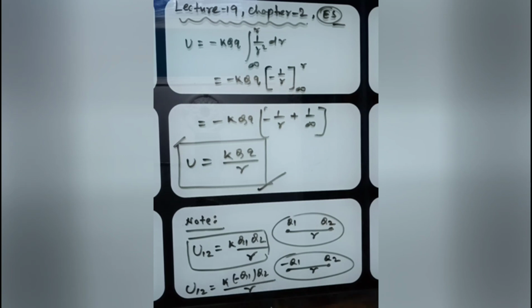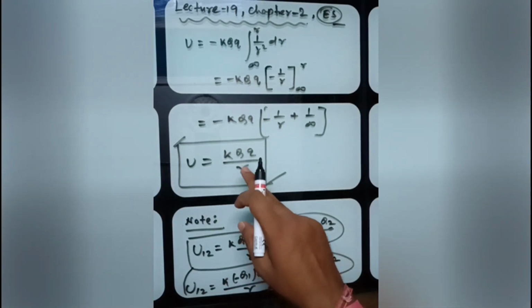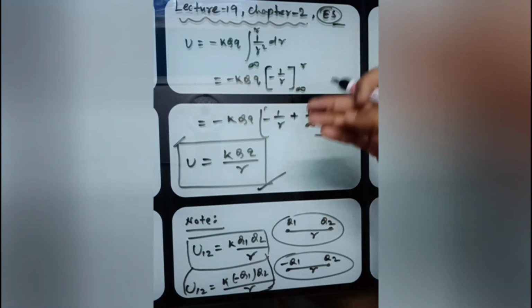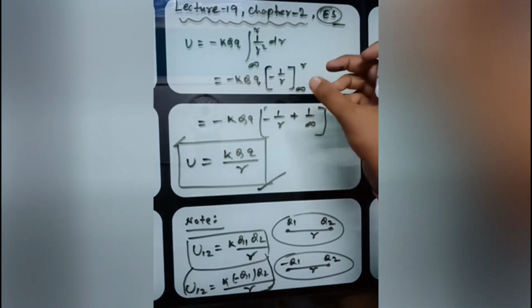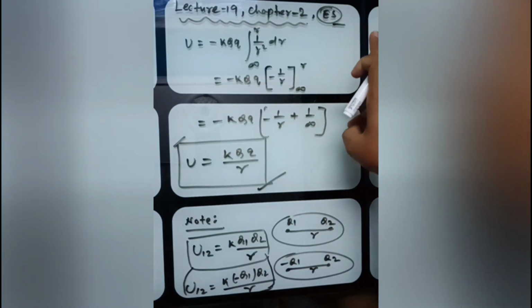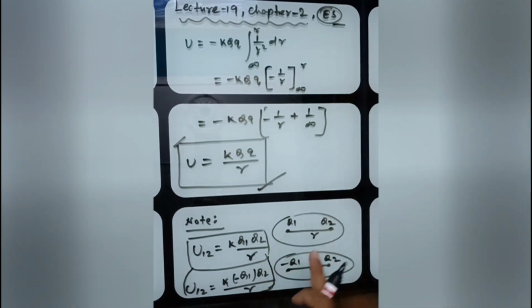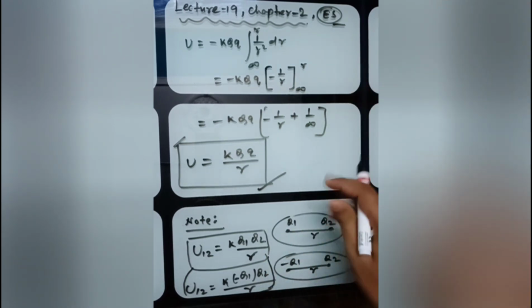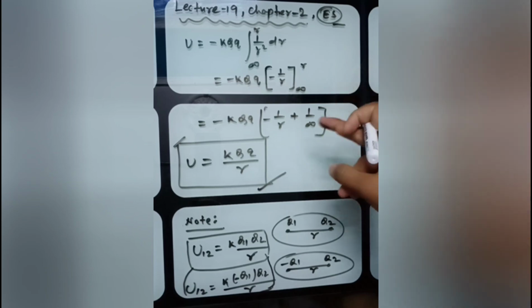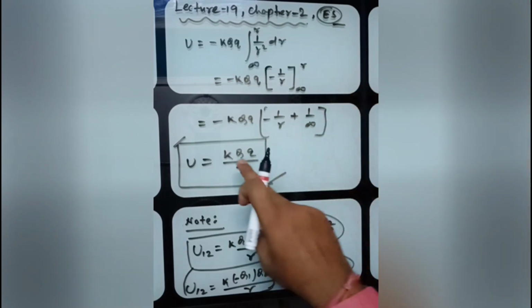Now if you are raising a question, sir, if potential energy and work done are both scalar quantities, why are we taking the negative sign here? Actually, students, we are getting this negative sign mathematically. As we move from infinity to r, we get a unit vector r cap. If this is negative and positive, the direction of force will change, and due to that change in direction we get a sign.